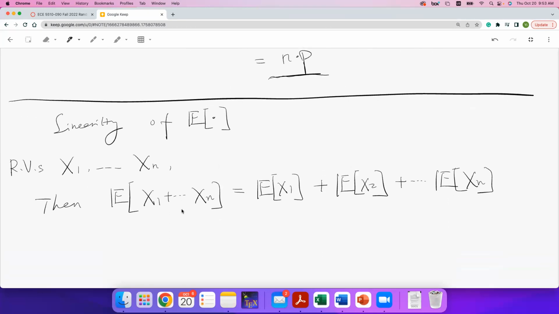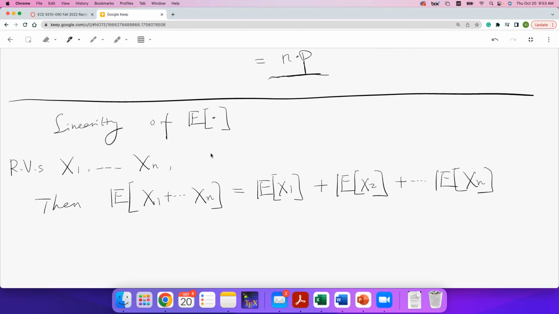The important thing is that here, these random variables have no constraints. They are not necessarily independent. They can be arbitrary. They could be dependent, and this still holds.